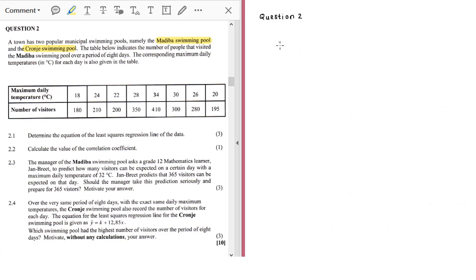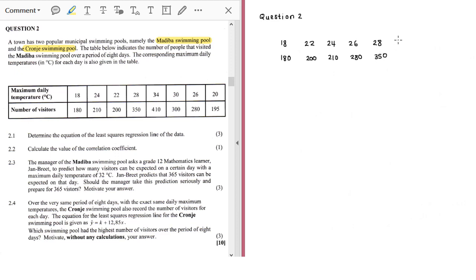So if we try to rearrange it, we have that when the temperature was 18 degrees Celsius, we had 180 people, and then from 18 we need to go to 22 degrees Celsius, we have 200 people, and then we have 24 degrees Celsius, 210. I missed the 26, so 26 we have 280 people, and then 28 is 330.